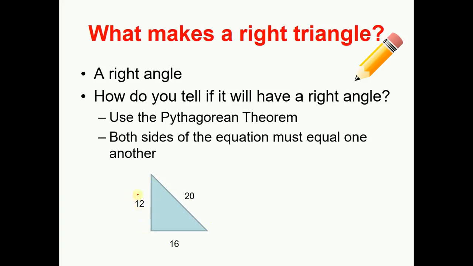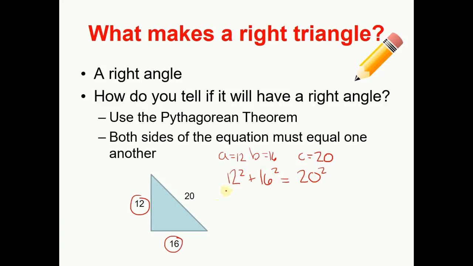Let's go ahead and check this triangle here. So I know that these would be the two legs, so A and B have to be 12 and 16. C, what would be considered our hypotenuse if this is the Pythagorean theorem, needs to always be the longest side. So let's go ahead and figure out, is this in fact equal, or is this side greater, or is this side greater?